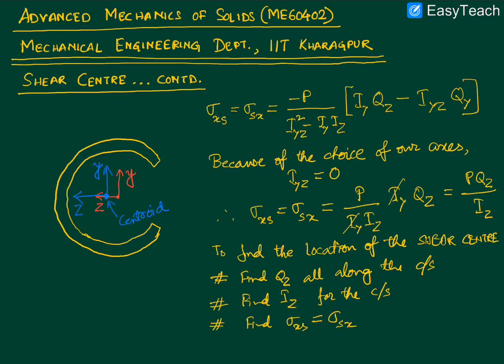From the previous two steps, we can find out the expression for sigma xs, the shear stress, and because the qz would be calculated for different points all along the cross section, the expression of sigma xs would also be dependent on the location that we are looking at over the entire cross section, which means effectively what we would be getting is a distribution of sigma xs along the cross section.